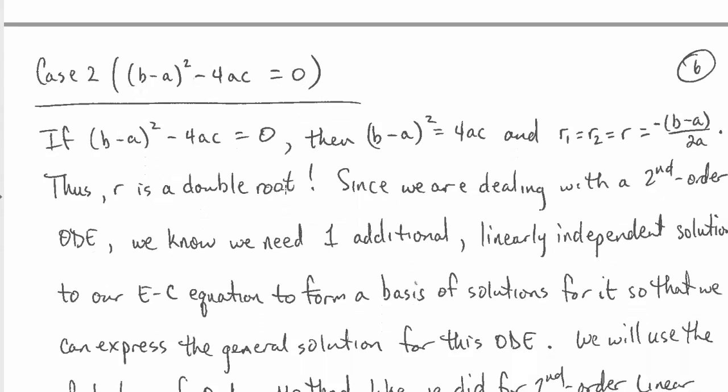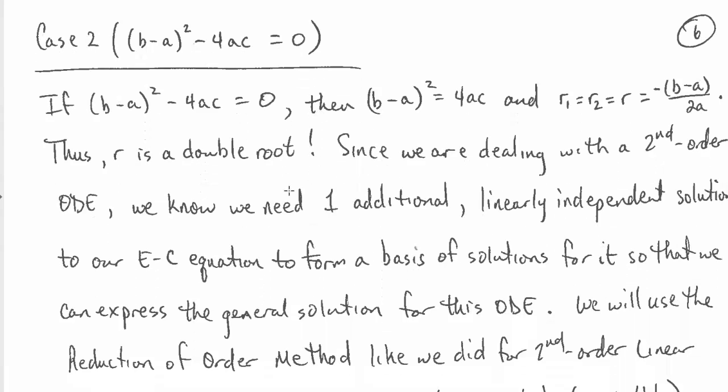For case 2, this is when our discriminant is 0. Just like what we had before, if you remember for the second order linear homogeneous ones where the coefficients were always constant, when our discriminant was 0, we had r equal to negative b over 2a. Of course, our b now for this equation type is b minus a. So that's why we have r equal to negative (b minus a) over 2a.